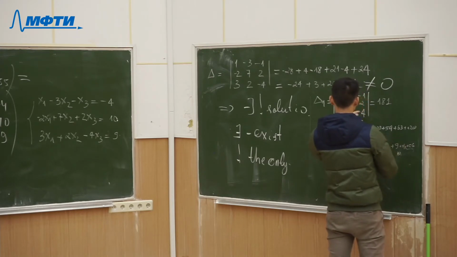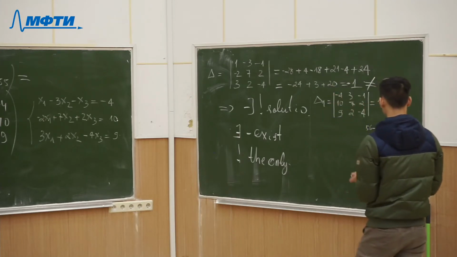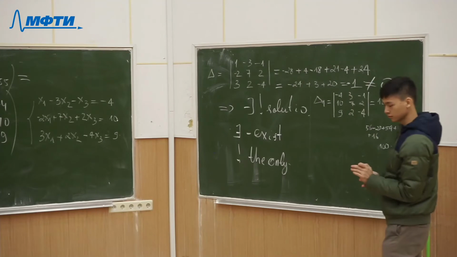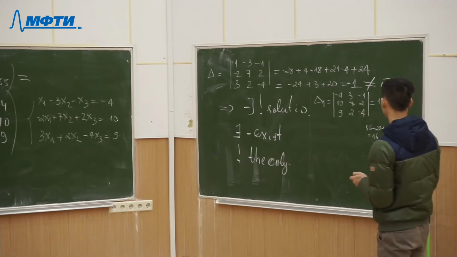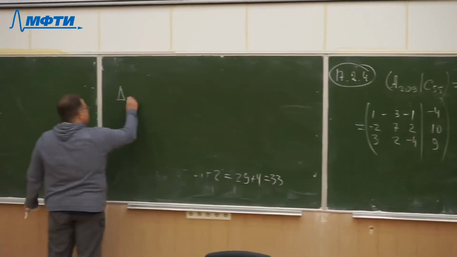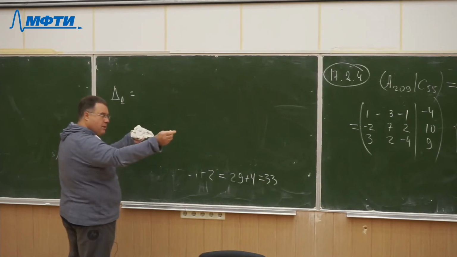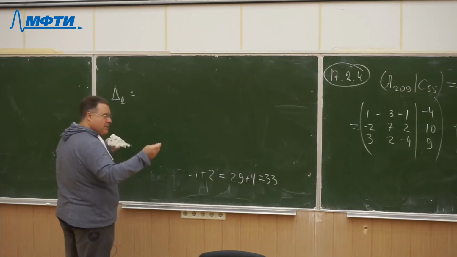Let's check. Delta sub 1 equals. You have to check your solution. I will check your solution, yes?